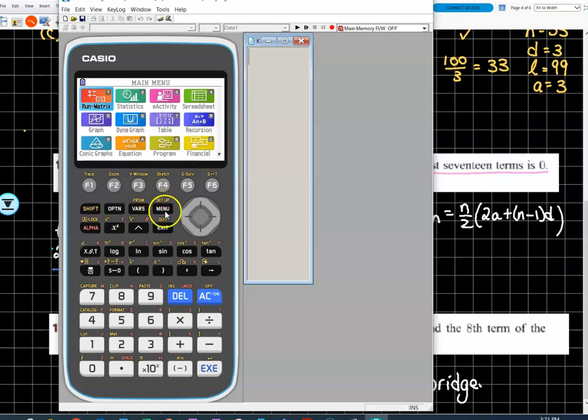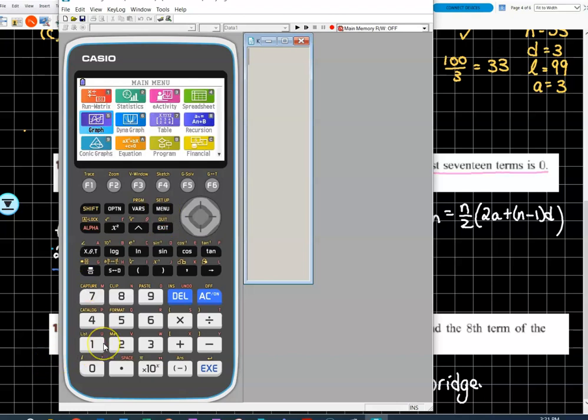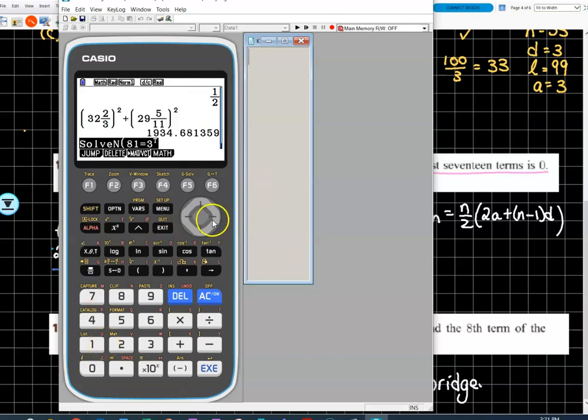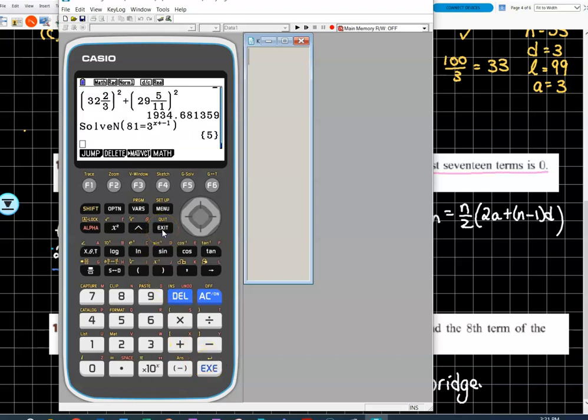So menu, sorry, this is because I've been doing stuff with my year 12s. Type y equals. You won't have to do that because you're not playing with polar coordinates, so don't worry. Okay, x, there we go. X take 1, close your bracket. So put your little arrow key out there, close your bracket, press, yes, don't worry about that. Press exit and bang, you get 5.